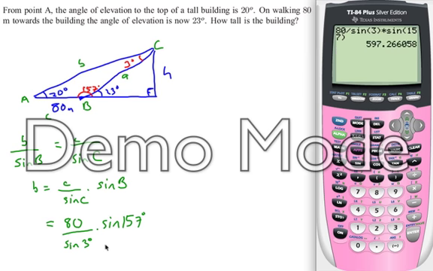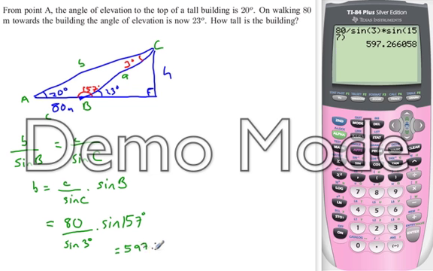I get 597.266. So that is b. That's this up here. 597.266 and so on.